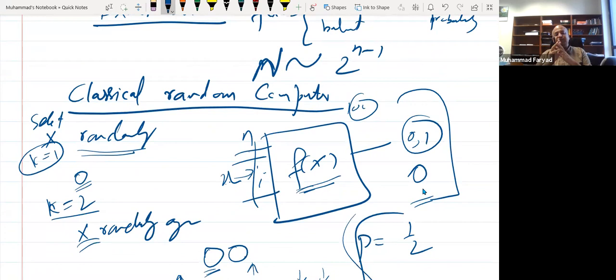So at first view, it seems like an exponential speed up over a classical computer when we go to a quantum computer. But when we really analyze it, we see that the advantage of the quantum computer is really not that great.